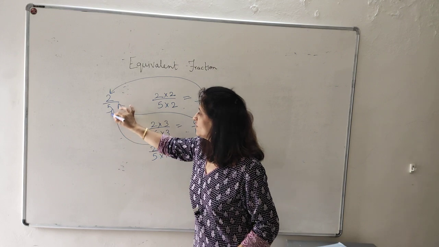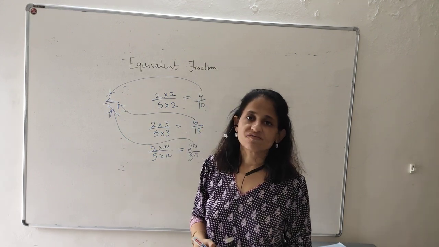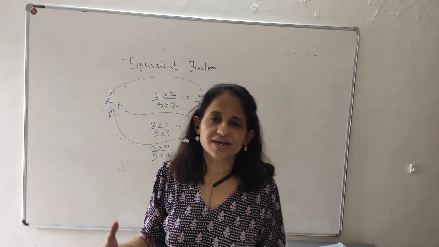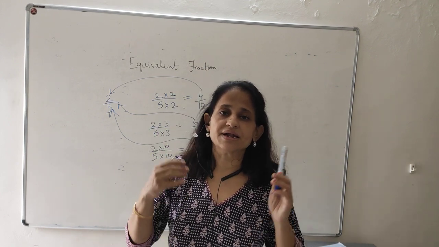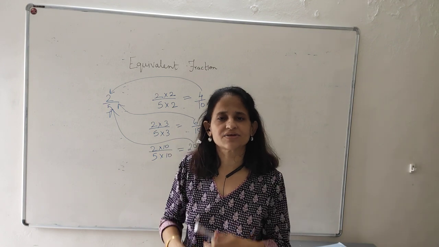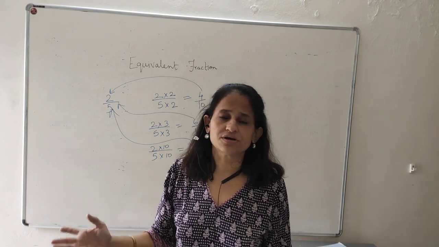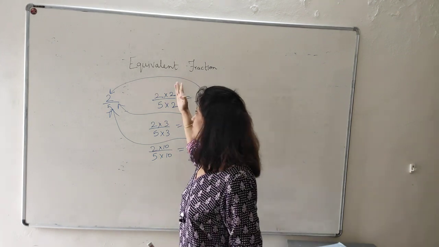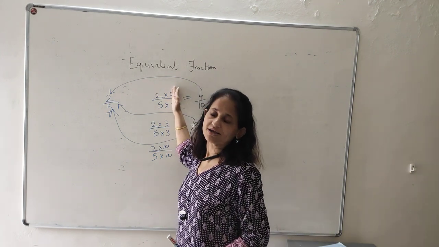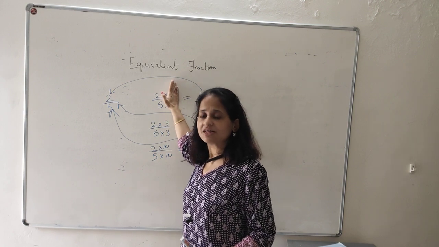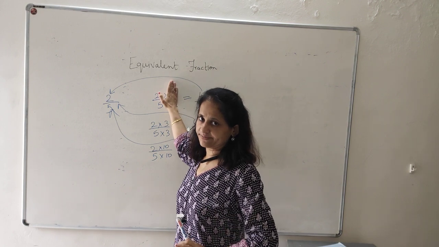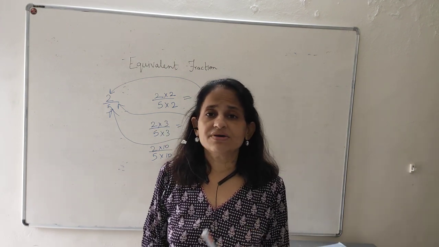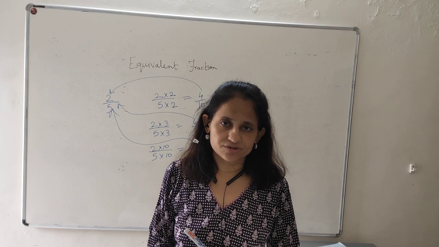Again, 20 upon 50 is an equivalent fraction of 2 upon 5. You can multiply it with 100, 1000, 72, any number on earth. But be very sure that whatever you are multiplying the denominator with, the same number has to be multiplied with the numerator or vice versa.